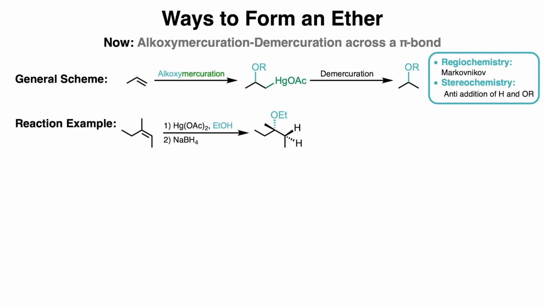In this example, this alkene is reacting with mercury diacetate and ethanol in the first step, and then sodium borohydride in the second step to form the following ether product.